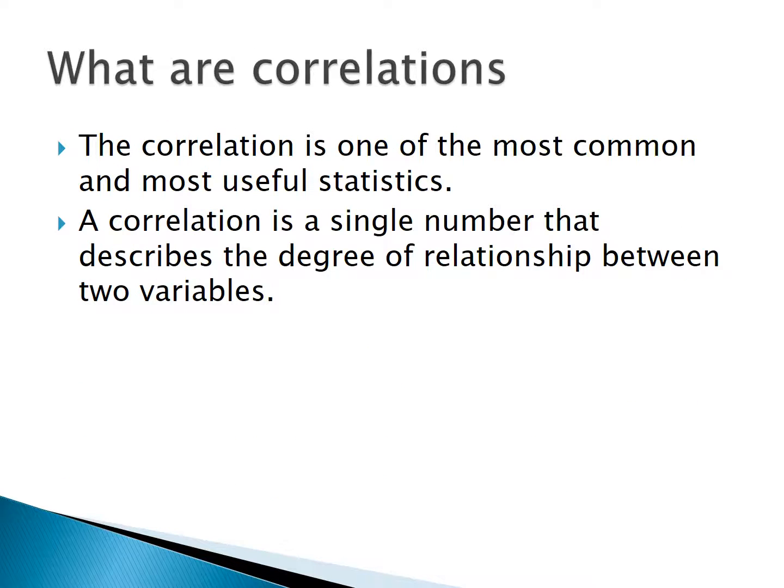Correlation is another term that's often used in statistics. Correlation is the most commonly used and useful statistic. A correlation is a single number that describes the degree of relationship between two variables. Is there a relationship between how you like your steak cooked and the county that you're from?